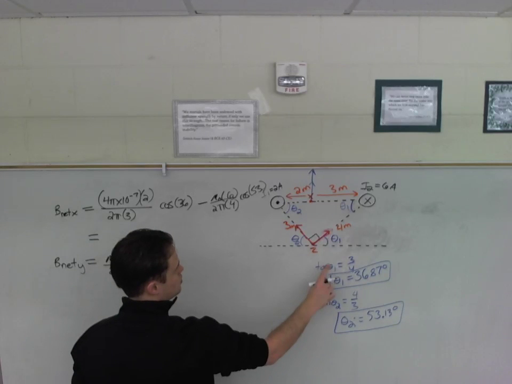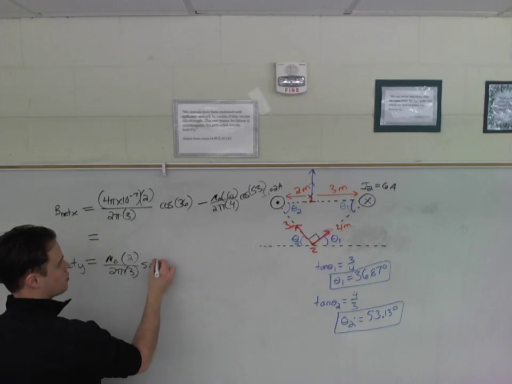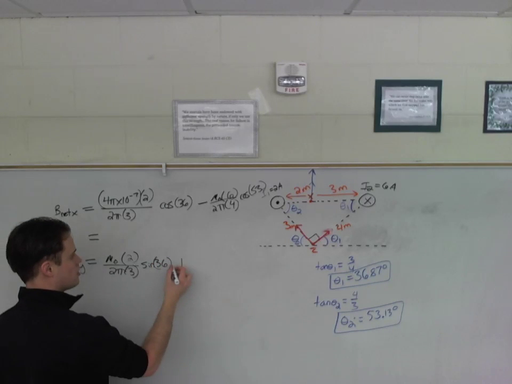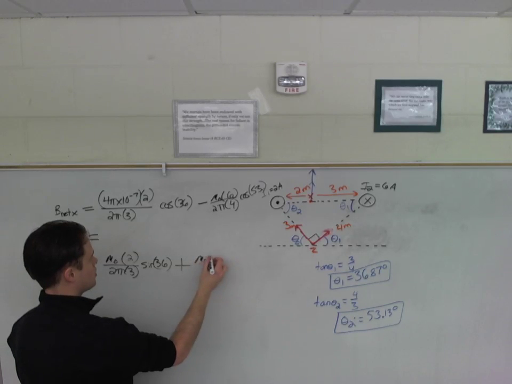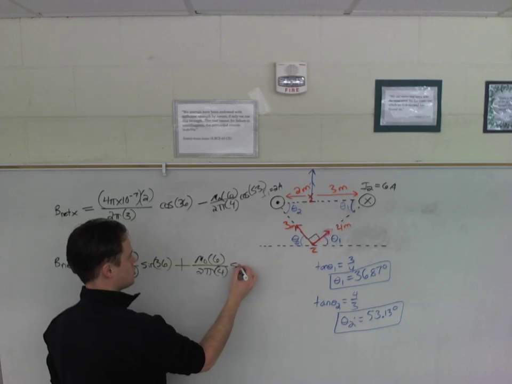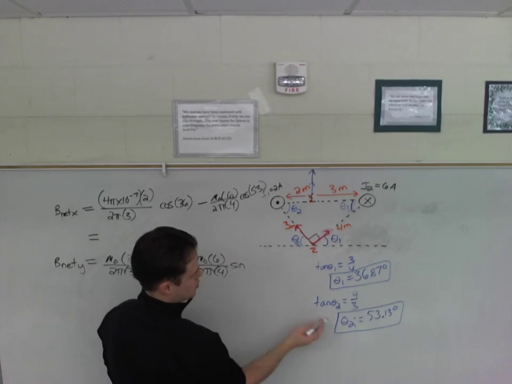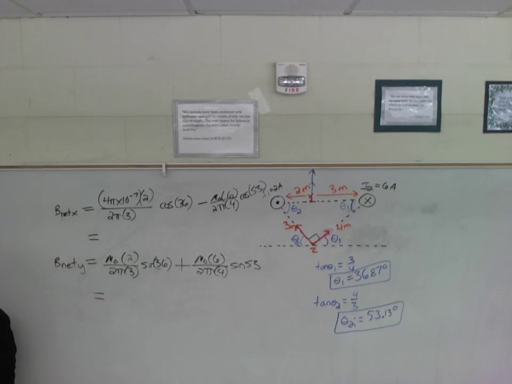So this guy is the 36 degrees, so sine of 36. Then we said they're going to add, right? So we're going to have mu naught times 6 over 2 pi. That one was 4-way, times the sine of this angle was 53. Get that number.